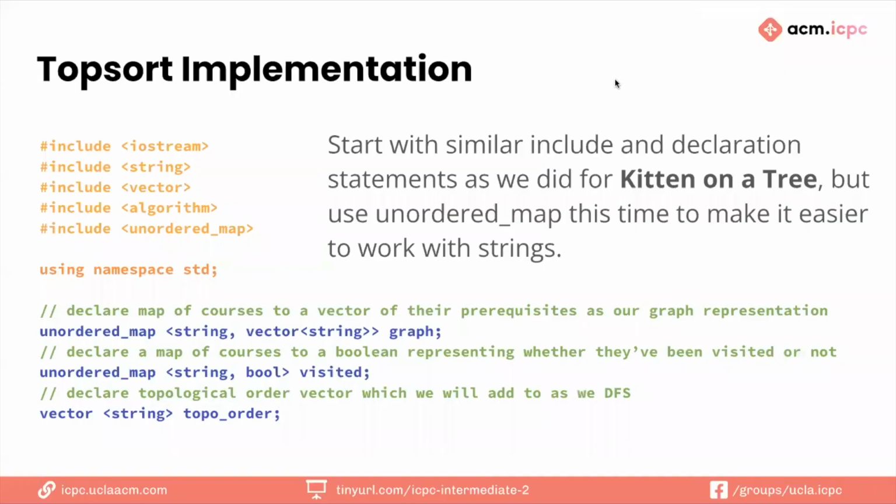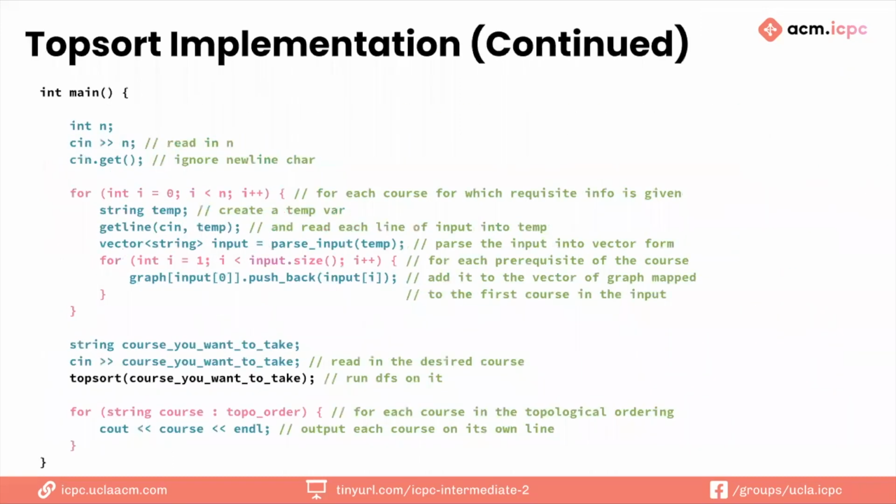Hopefully you guys had a bit of a chance to fill out the to-do gaps. Let's go over them together. So this is how the main function would ideally look. Essentially what you will do is you read in the number of courses that you're considering, and then for every course, first you parse input that's already on the worksheet, and then you need to update the graph data structure to create a graph from the list of courses that you receive.